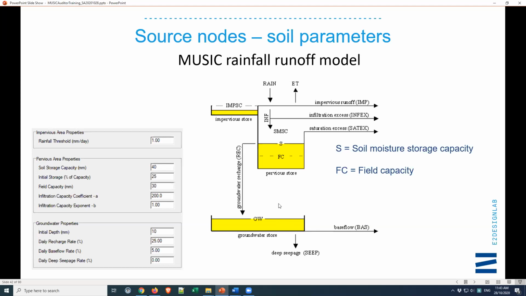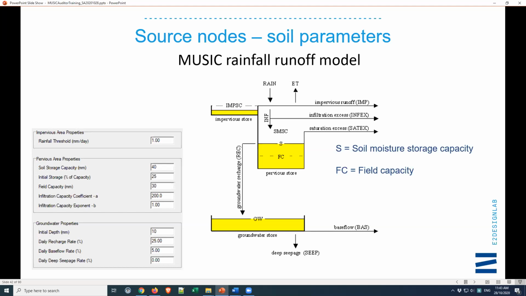If you're dealing with catchments that have a lot of pervious area, it's worth giving a little bit of thought to whether most of your runoff, most of your groundwater will be going to deep seepage and not coming back to your drainage system or waterway, or whether it will be coming out as base flow. But if you're dealing with a catchment that's mostly impervious, the reality is that everything that's going on here in your pervious store will probably not have a lot of effect on your overall model.